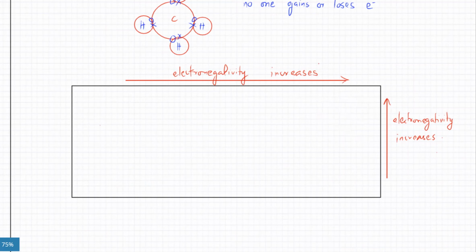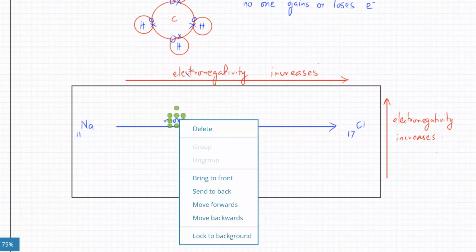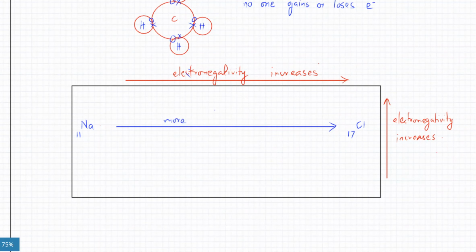The protons increase. For example, you've got Na over here. It's got 11 protons. And you've got Cl on the other extreme. It's got 17 protons. So when you move to the right, the nucleus becomes more and more positively charged. You can remember this concept would be used in a lot of places when you study AS chemical bonding and AS atomic structure.